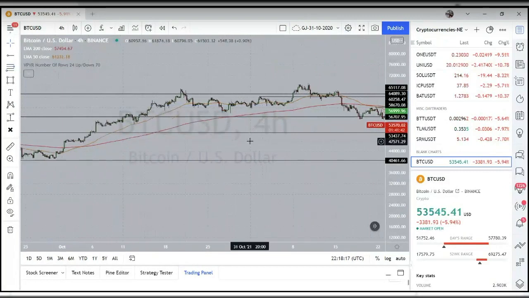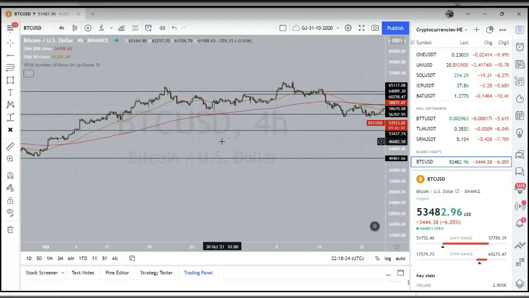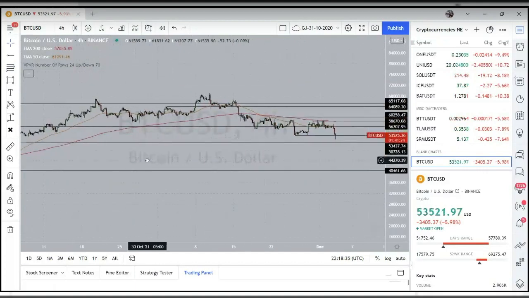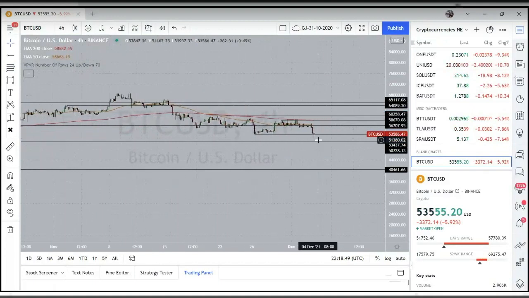So if you're a Fibonacci trader, that might be something that you're looking at, placing your entries in between the 50 and 70 fib levels. And obviously, once we've broken the 200 EMA, that's a signal for continued bearish structure.